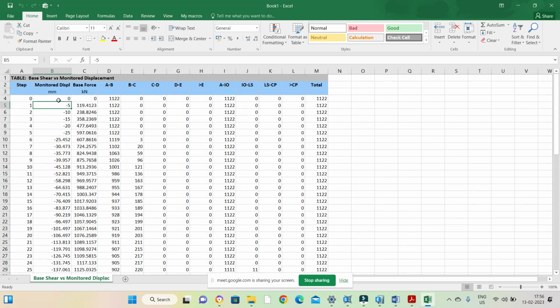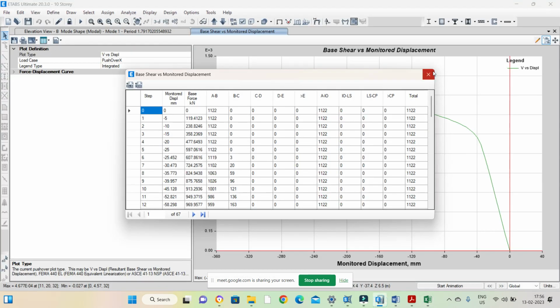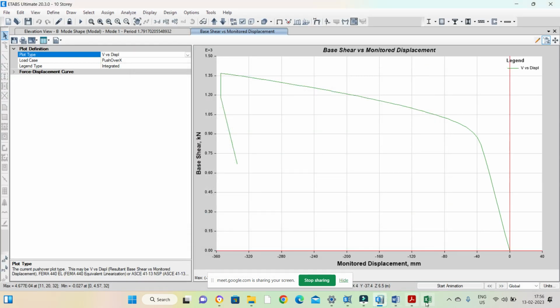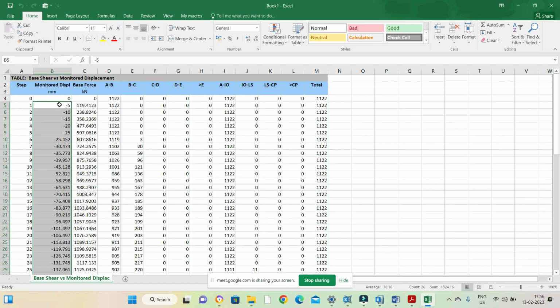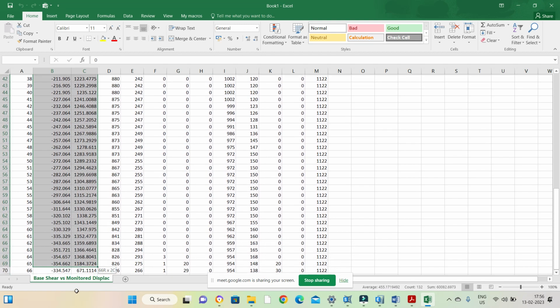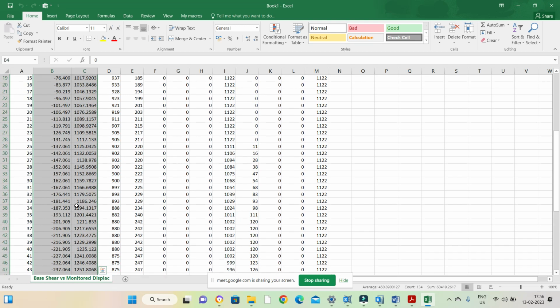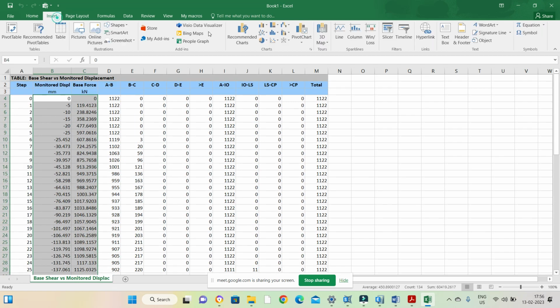So here you see the displacement and the force. The displacement is showing in the negative, that's why you'll get this curve in the negative direction. You can change this, multiply these negative readings by -1, so you'll get the positive, so that your curve will be in the positive axis. Okay, so you can plot.